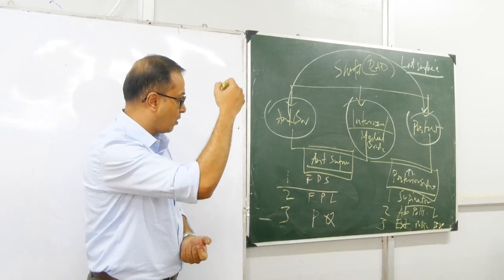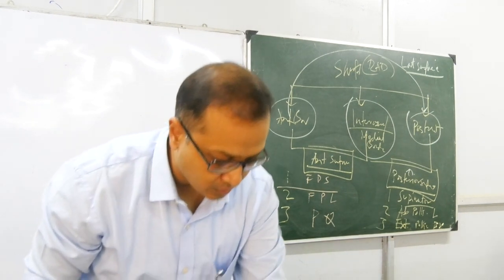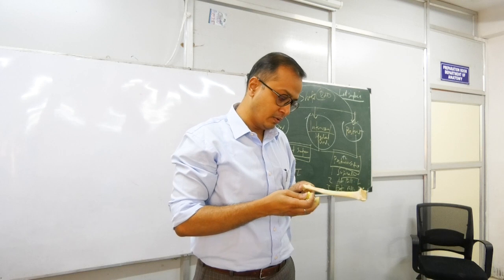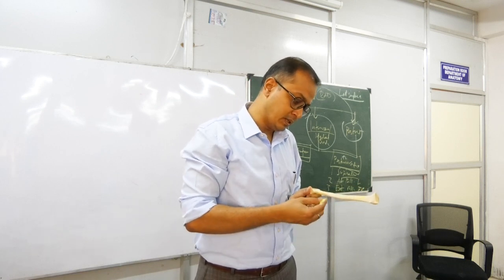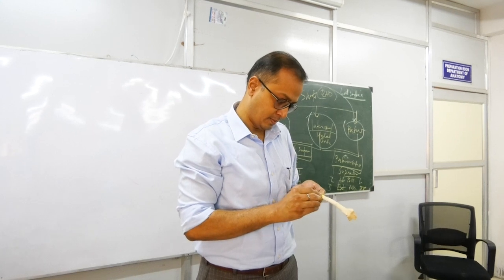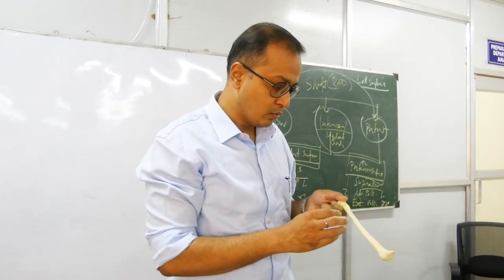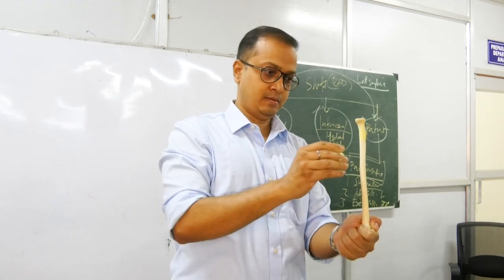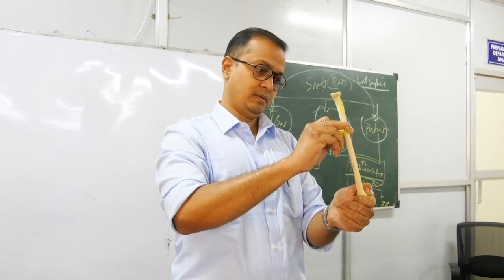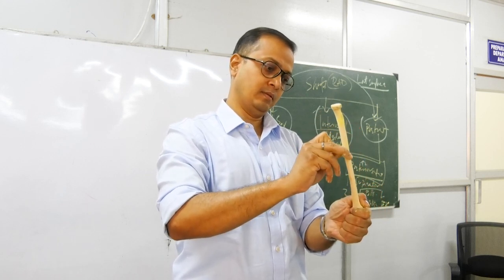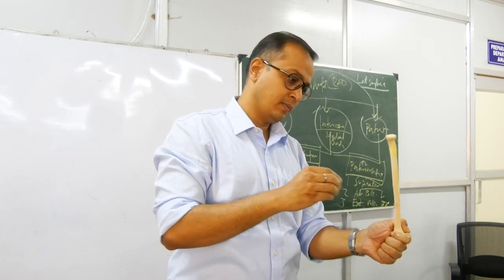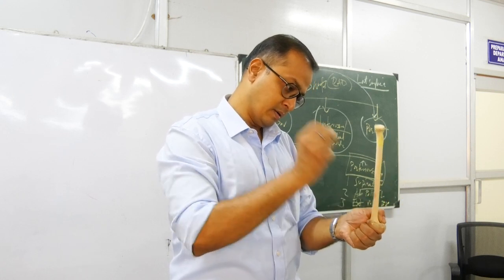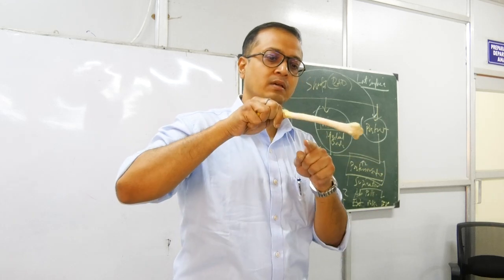So supinator will be on the top. Likewise, we have seen that supinator will be on the top side, the back side, on the lateral surface and the posterior surface. Then we will have this particular muscle going to the pollex, the abductor pollicis longus, then the extensor pollicis brevis.